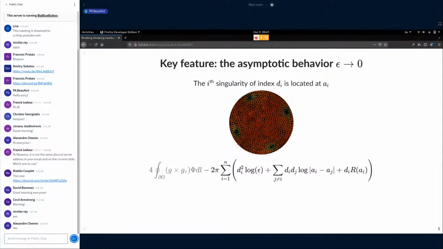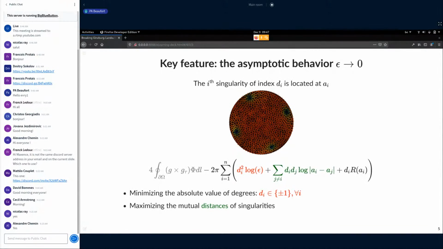Basically, the first term between the brackets means that when you minimize the Ginzburg-Landau functional, you ask for the indices of the critical points, the singularities, to be plus or minus 1. The second term: if you have critical points which have the same sign of indices, you ask them to be as far as possible from each other. But if you look at the picture above, you will see that they are far from each other, but not the furthest possible.